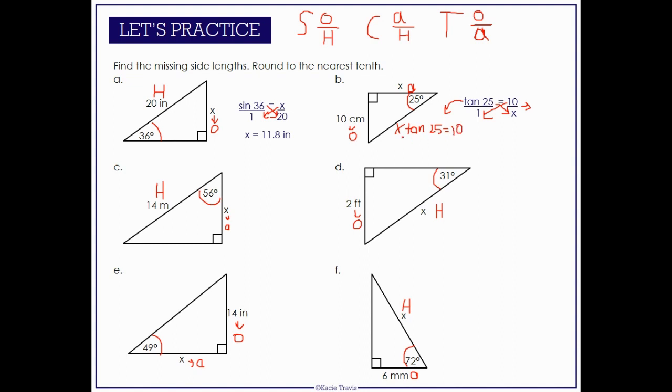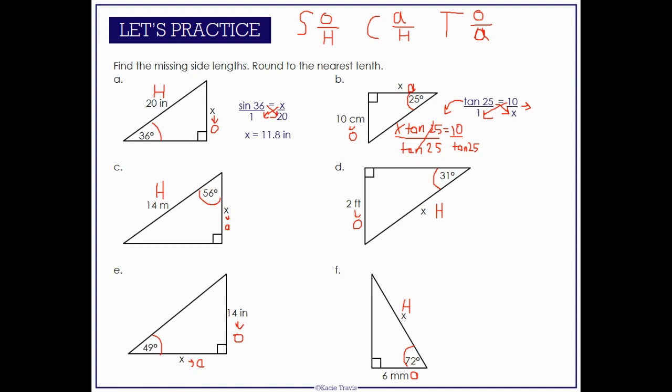You got to divide both sides here by that tan of 25. So our answer here is going to be what we get from dividing 10 by the tangent of 25.